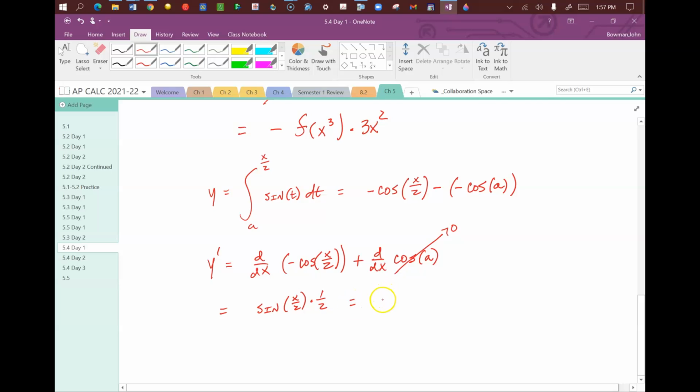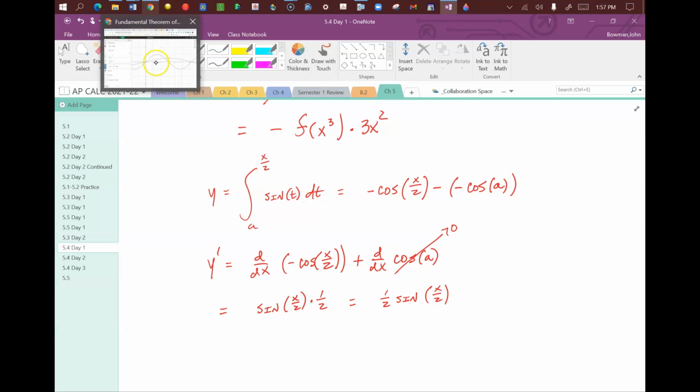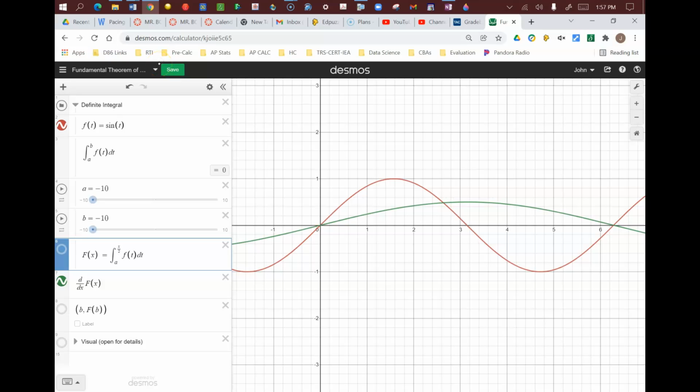And if we rearrange things a little bit, we have 1/2 sine of x over 2, which is a vertical shrink by a factor of 1/2 of the sine function and a horizontal stretch by a factor of 2. And if you go back to our Desmos demonstration, you will see that's what we have.